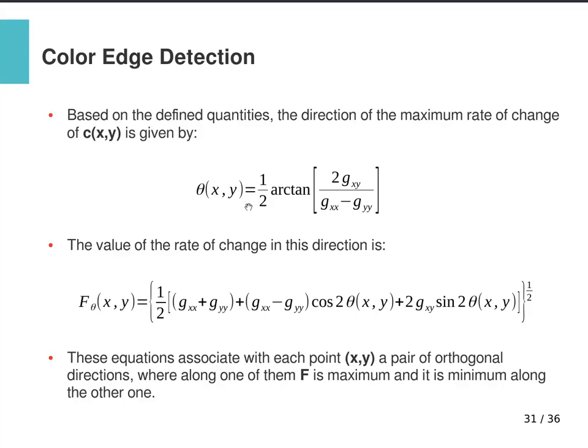The value of the rate of change in this direction is defined by this more complex equation. These equations associate with each point x and y in the color image a pair of orthogonal directions, where along one of them f is maximum and it is minimum along the other one.